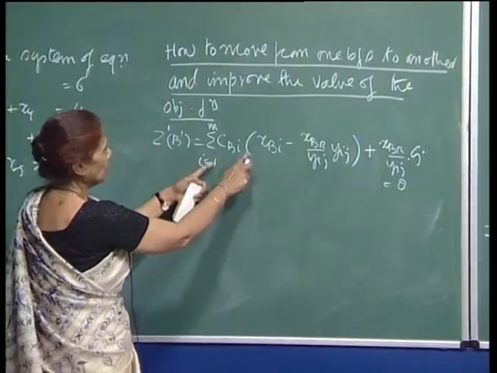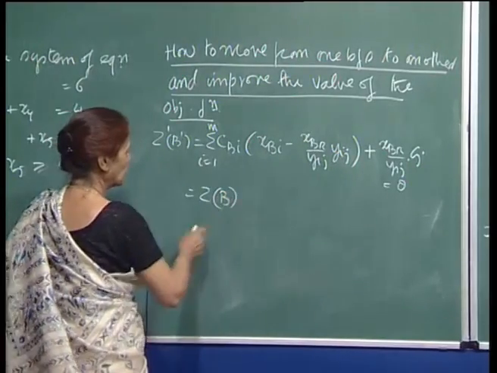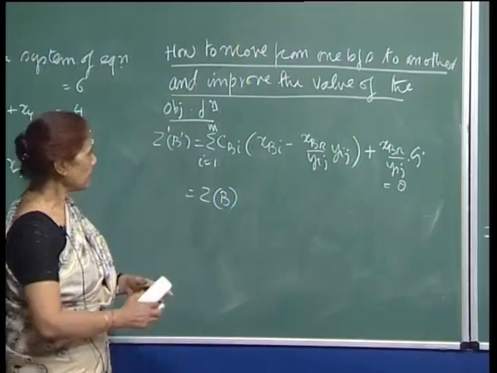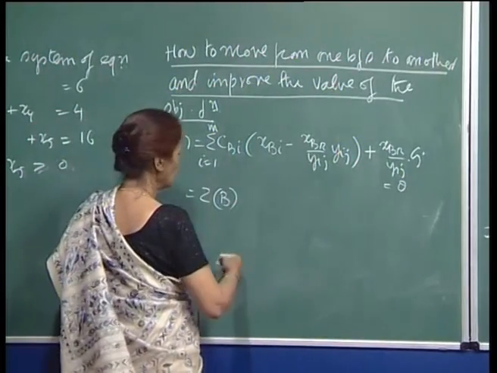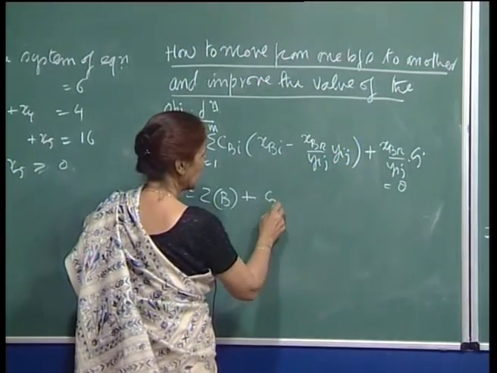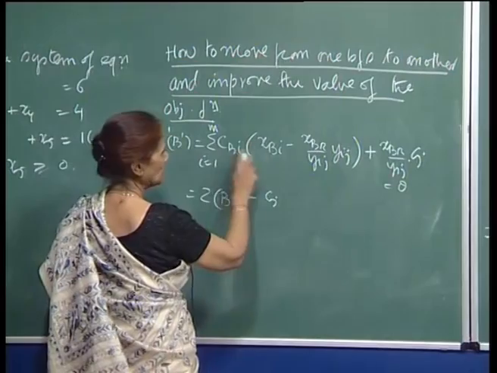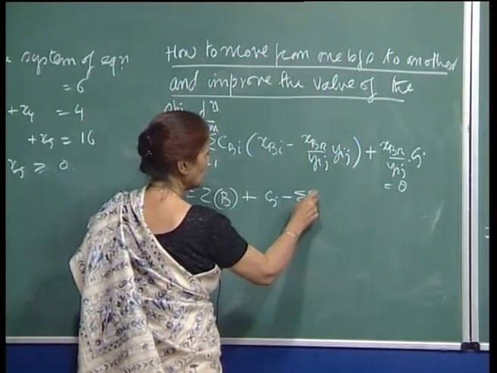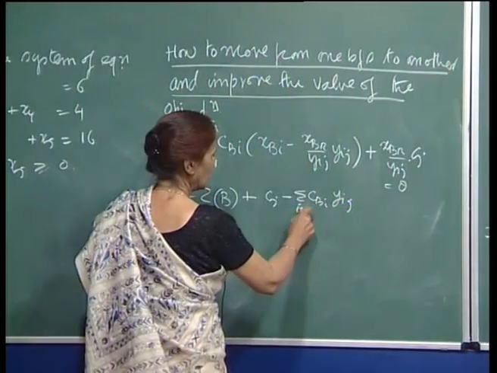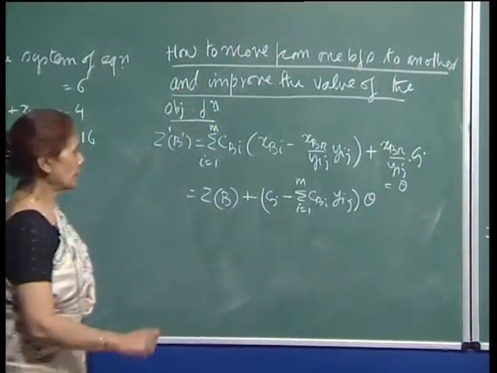So, now you see, when you sum CBi xBi, it is your old objective function value. That is why I kept the summation from 1 to m, not excluding i equal to r. And then you have plus Cj xBr upon yrj, which we are writing as theta, then minus summation CBi yij, i varying from 1 to m, this times theta, right.